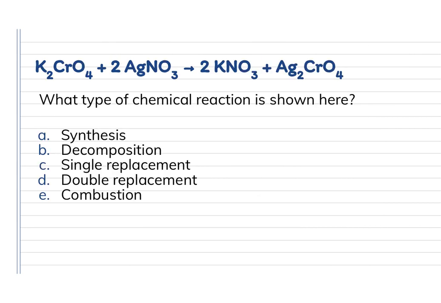So first off, we're going to try to determine what kind of chemical reaction is shown here. So if you see, we have a metal here and a metal here. The nonmetals I'm highlighting in green.